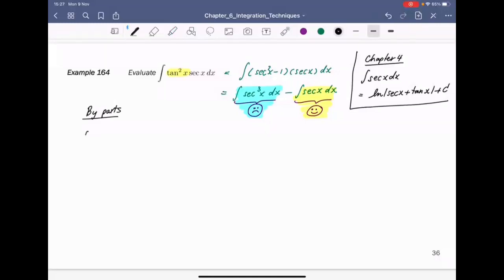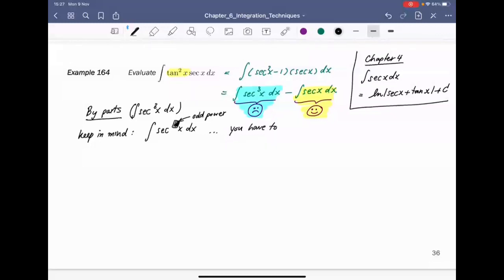All right, I'm going to show you integrate sec cube x dx. Something to keep in mind if you want to memorize: integrate sec to the something x dx, if this is an odd power, you have to bypass.